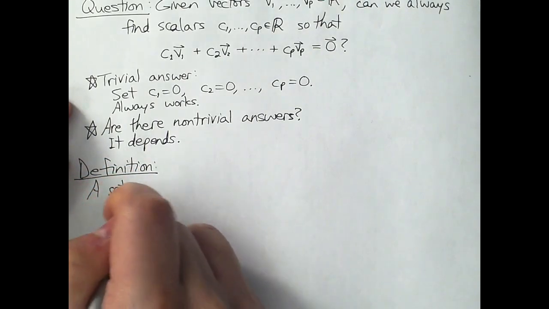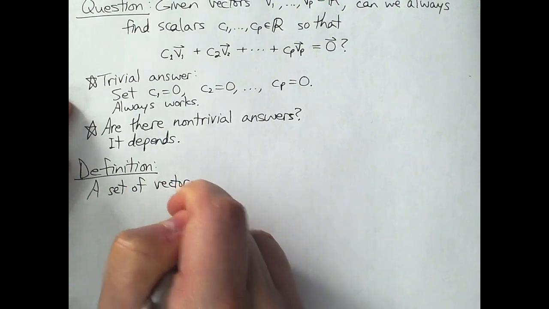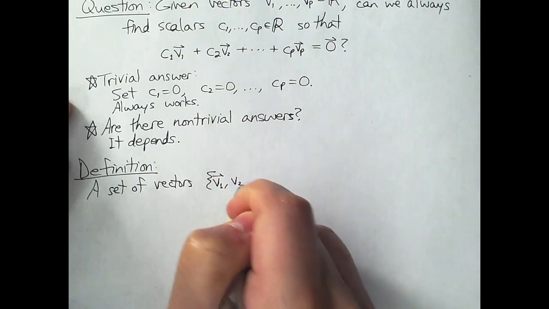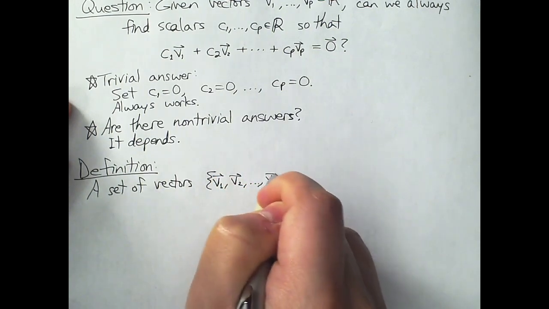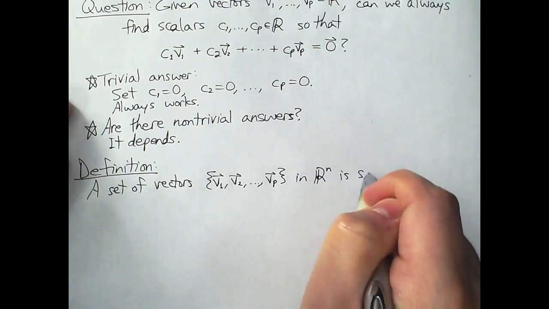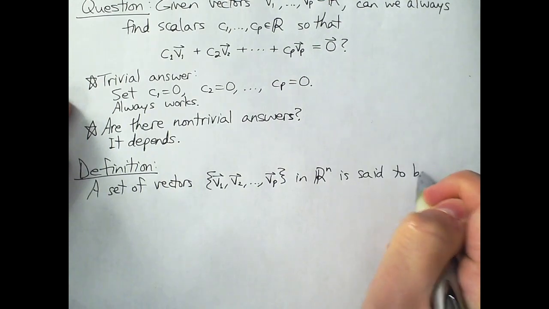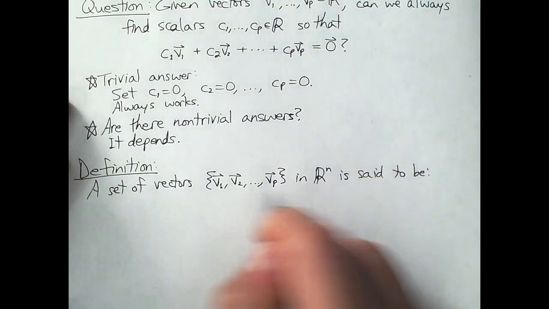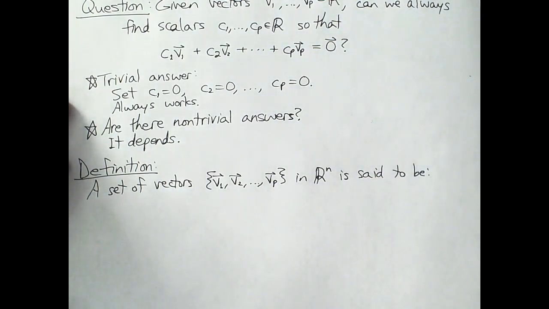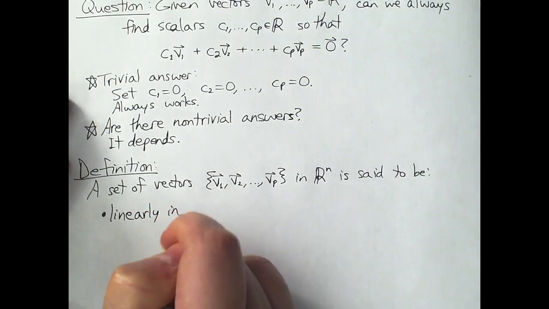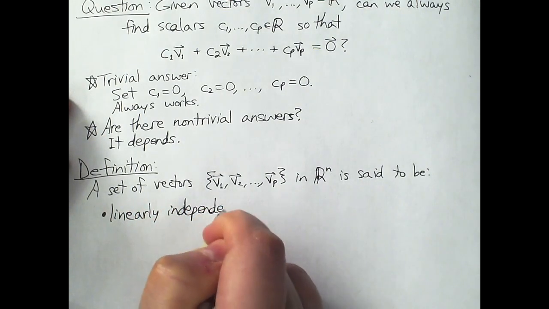And that brings us to this definition. A set of vectors. Now we're talking about a set of vectors, so let's put set brackets around them: v1, v2, up to vp in Rn is said to be, we're going to have two definitions here. They both start out with this. So a set of vectors, p vectors in Rn, is said to be linearly independent. I'm going to underline that.